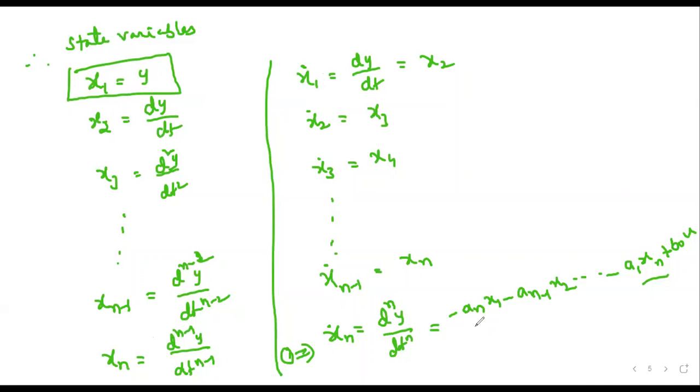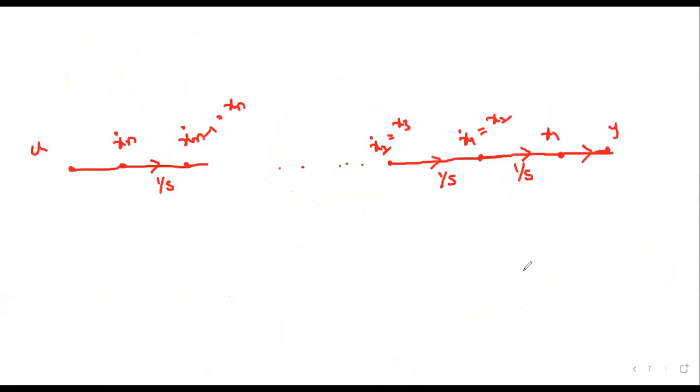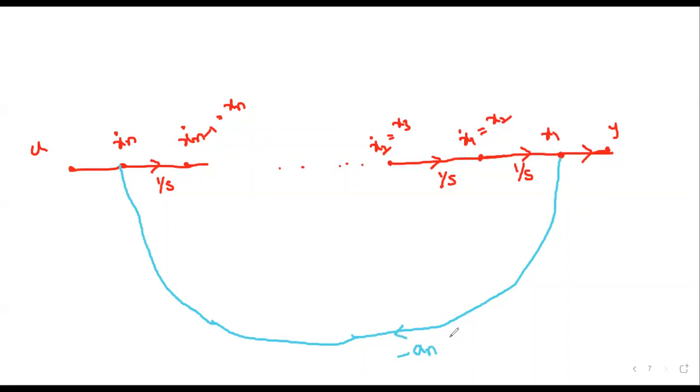This is equal to minus an x1 minus an minus 1 x2 and so on. So how can you do that? This is taken from xn. This is x1. From x1, I will take this to xn with a multiplication gain of minus an.